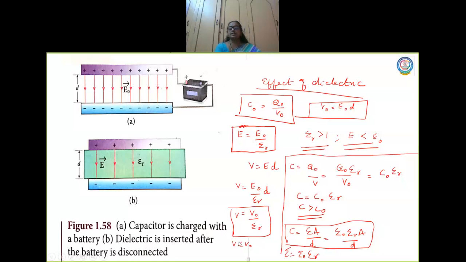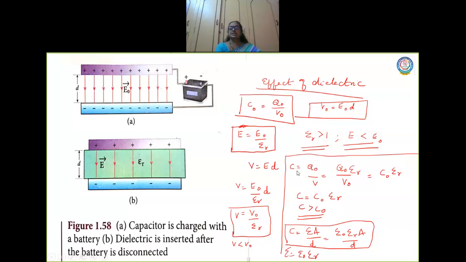Potential is also reduced. Then I found out the value of capacitance, substituting C is equal to Q naught by V. For V I substituted V naught by epsilon R. So I have the capacitance formula C is equal to C naught epsilon R. Here epsilon R is greater than 1.